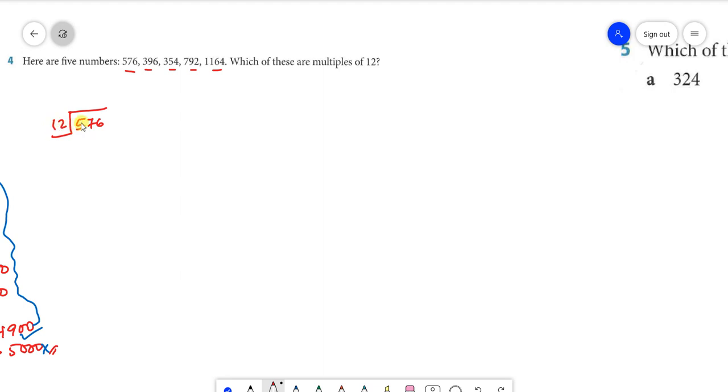576 divided by 12. So we have 12 times 4 is equal to 48, and 4 ones are 4. Okay, so 12 times 4 is equal to 48. We're going to subtract.